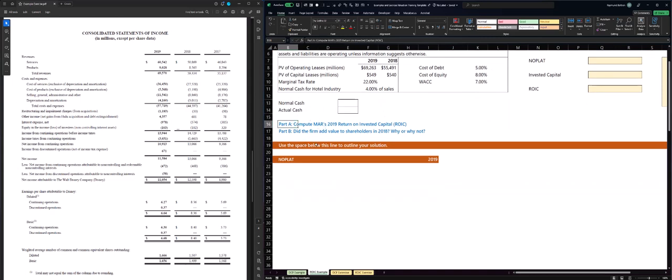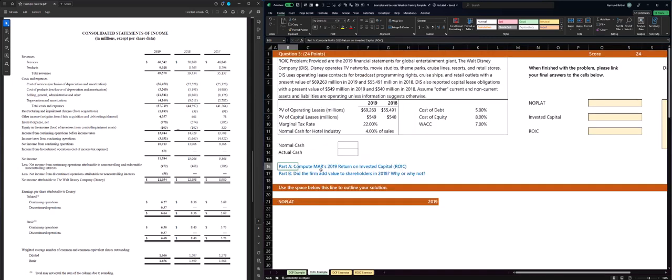Compute Disney's 2019 ROIC. Did the firm add value to shareholders in 2019? Why or why not? This question relates to when you compare the ROIC, return on invested capital, to your WACC.